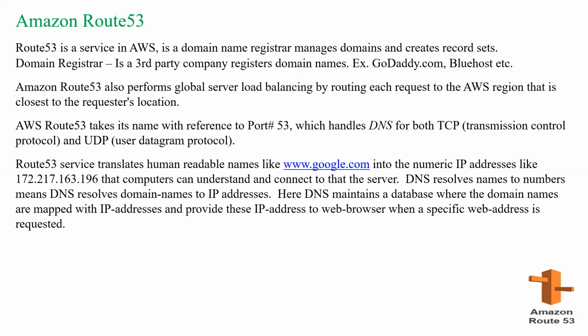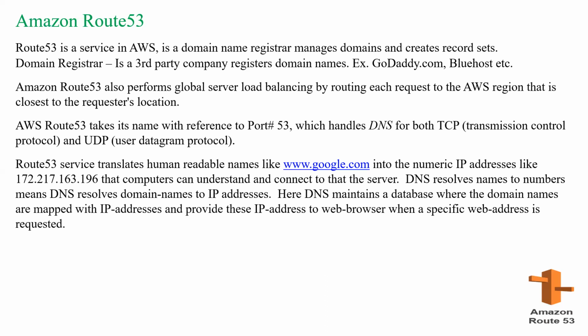The moment you type google.com in your web browser to access the Google web page, your browser, Google Chrome or Internet Explorer or Netscape Navigator, will not understand what it is that you typed. So immediately this browser will ask for help. It could be Amazon Route 53 or it could be GoDaddy, anyone. It will ask, what is the website my user, my owner is trying to access?